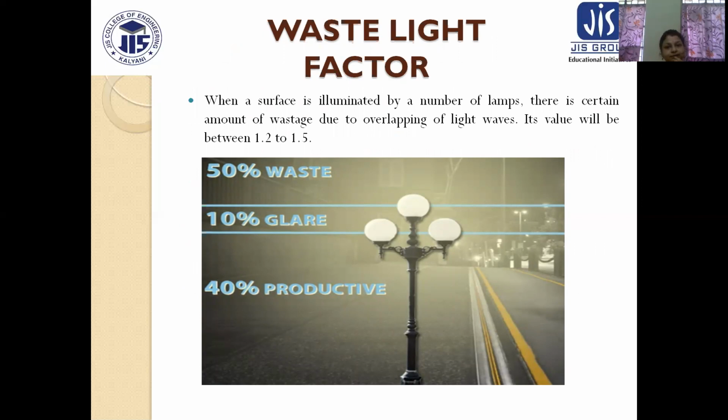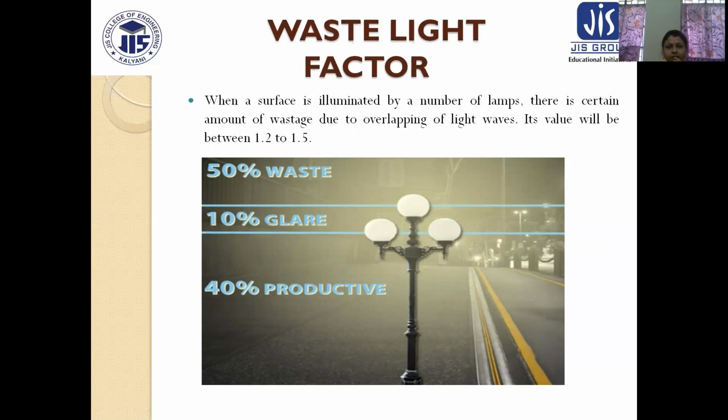When a surface is illuminated by a number of lamps, there is a certain amount of wastage due to overlapping of light waves. Obviously, because a number of lamps are present in a place, some light from the lamps is wasted.